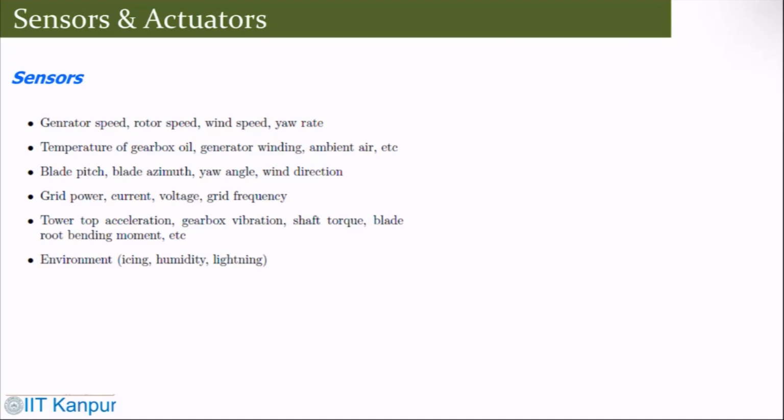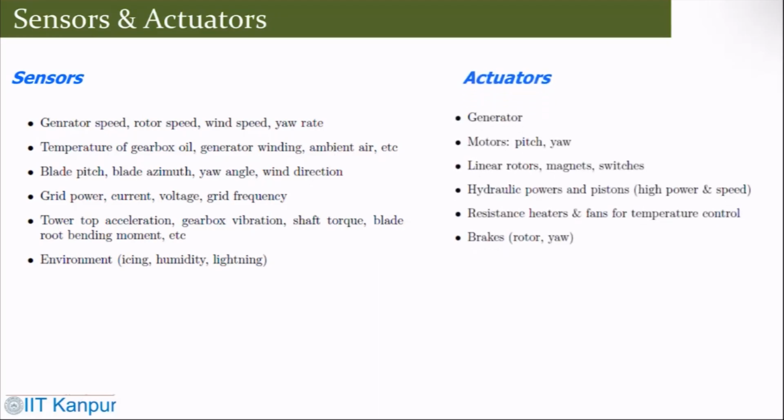And there are actuators, which are generators, motors, which control pitch and yaw, linear rotors, magnet switches. You have hydraulic powers and pistons, resistance, heaters, fans, brakes, and all these things.